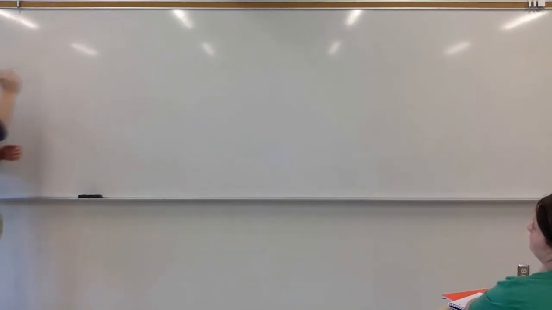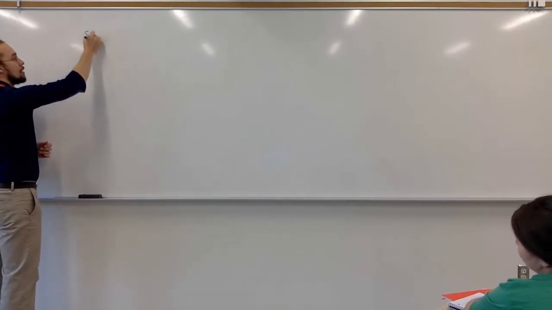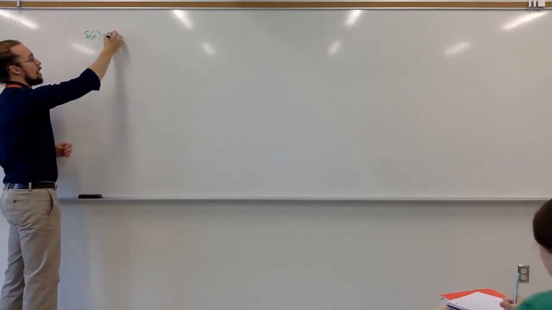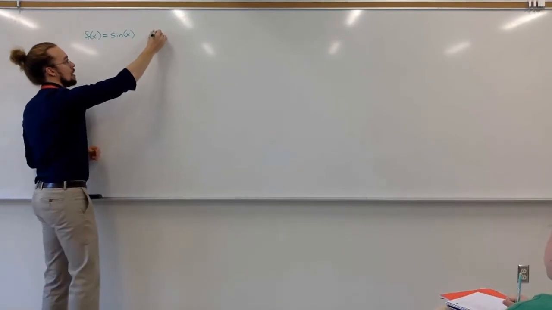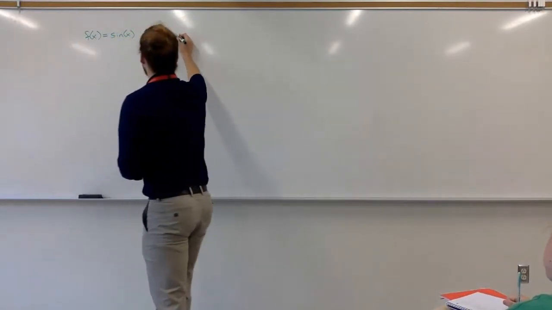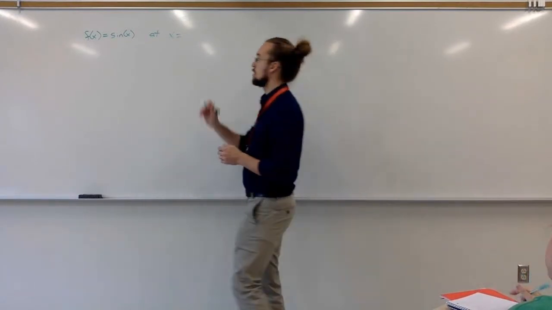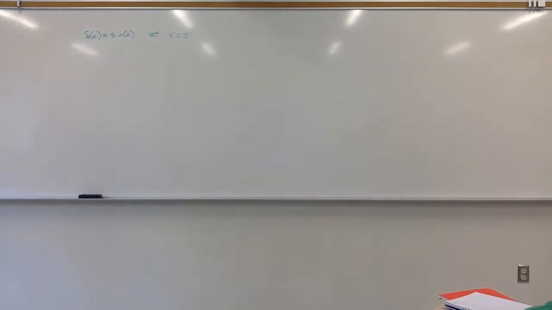So let's start with the easy one. Let's say I want you to write the equation of the tangent line to f of x equals sine of x at x equals pi.